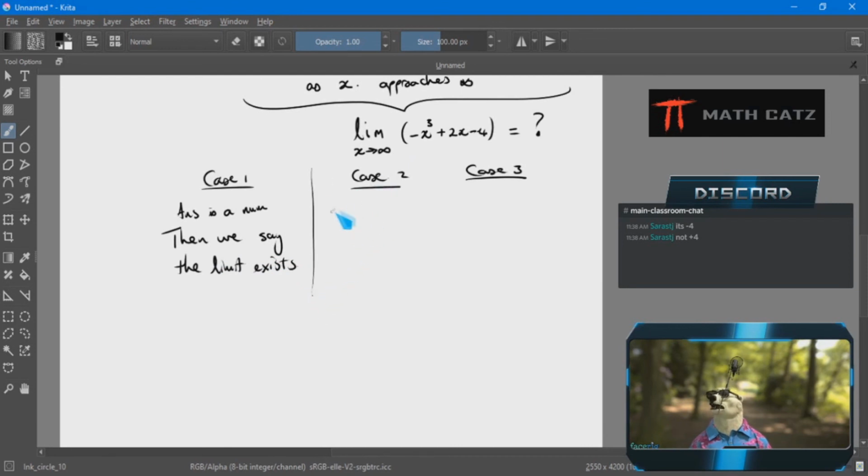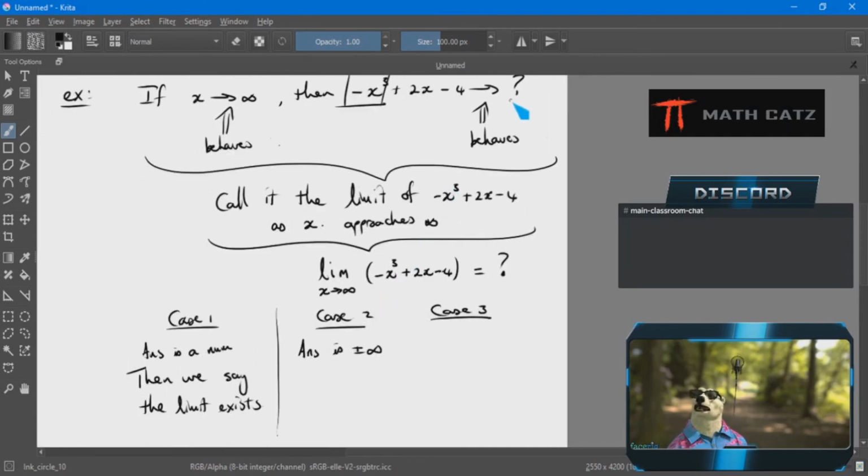But in other cases, the answer, like in our example here, is a plus or minus infinity. Infinity is not a number. Remember that if my answer is infinity, then I don't have a horizontal asymptote, right? It doesn't approach a stable y value.